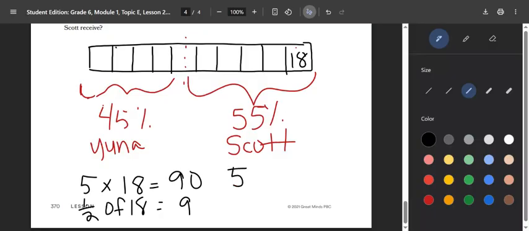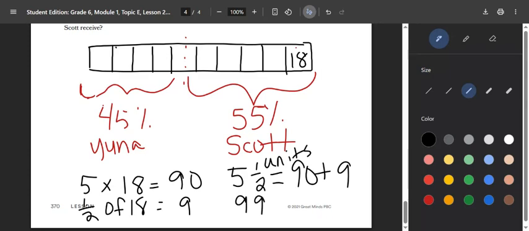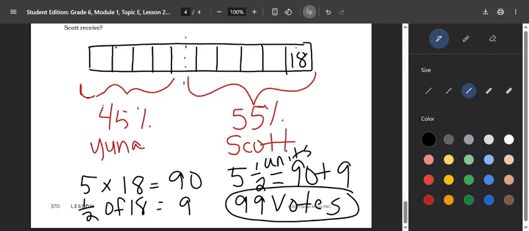So 5.5 units is equal to 90 plus 9. And let me write units right here so it doesn't look like 5.5 is equal to 90 plus 9. It's 5.5 units are equal to 90 plus 9, which is 99 votes. So Scott got 99 votes.